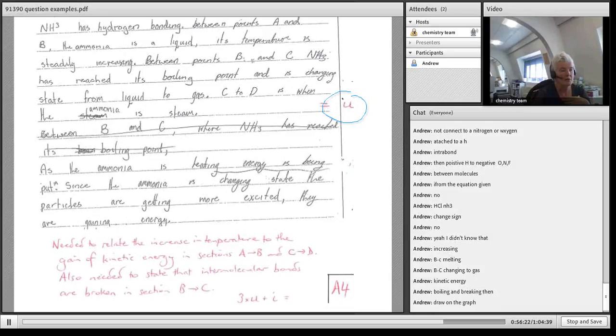This thing over here, by the way, is for the whole question. So for the whole question, they get an A4. But for this particular one, they only get an achieved. And again, it was they could relate the energy to breaking bonds, and getting energy, but not much more than that.